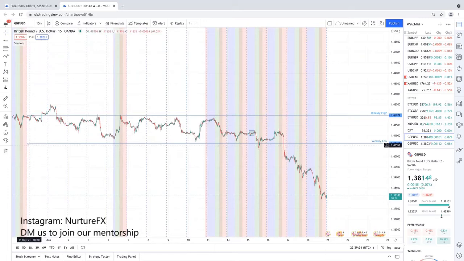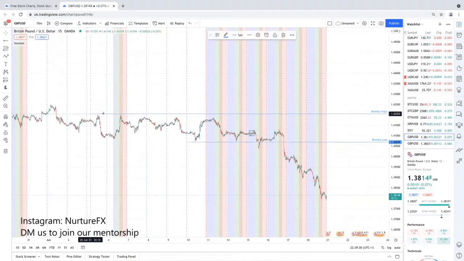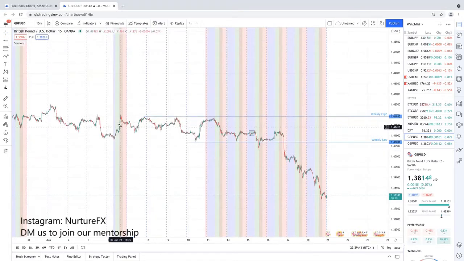You can adjust it here if you want. That's the weekly low right there, and the weekly high is right at the start of the week, which is about there. Actually, it's about there. That was the previous week, sorry. So we've got the weekly high, the weekly low.